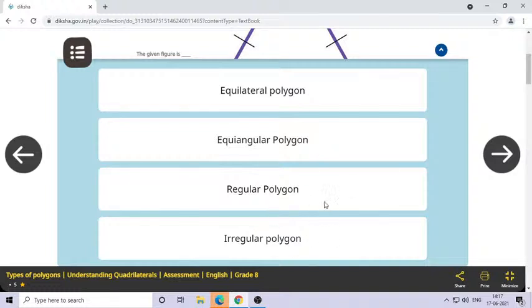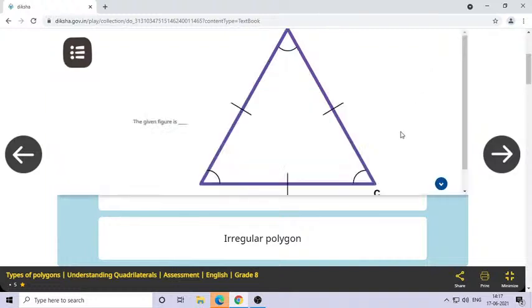What is the option for this question? So this is the figure and you have to write the name of this figure in general. Instead of writing ABCD, you can write the answer.